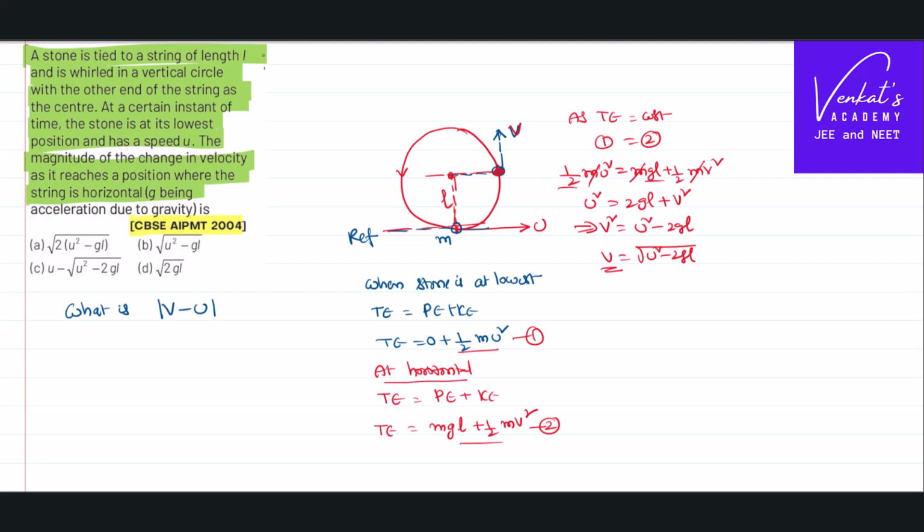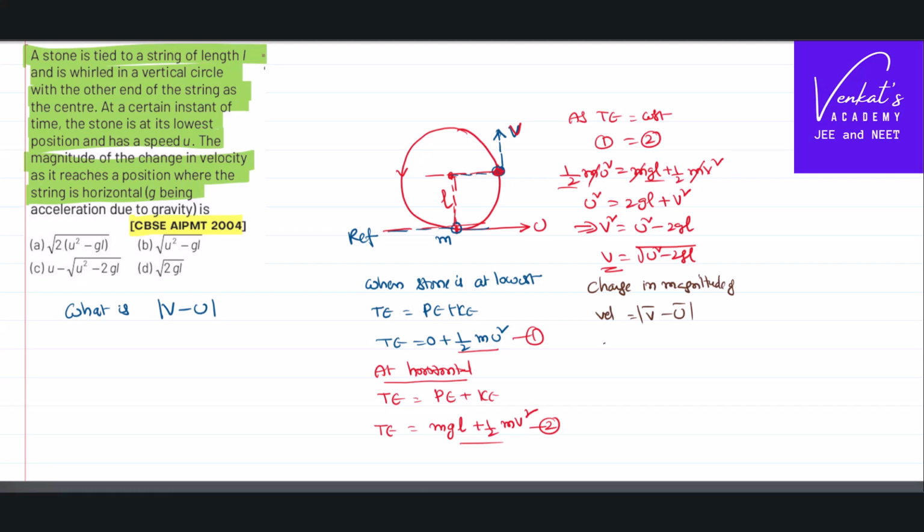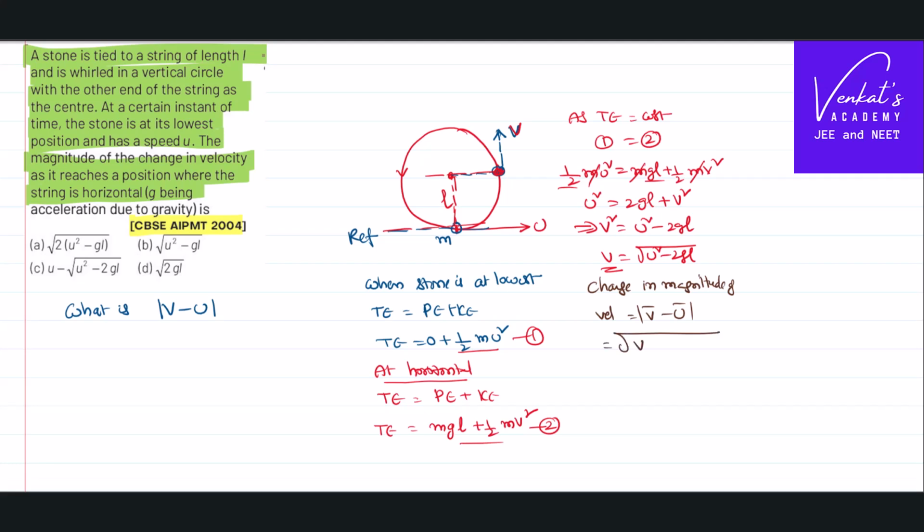But this is not what we want in the problem. What we want is the change in magnitude of velocity. The change in velocity is the magnitude of v vector minus u vector. These two are vectors, so I can use the parallelogram law: root of v square plus u square minus 2uv cos theta.